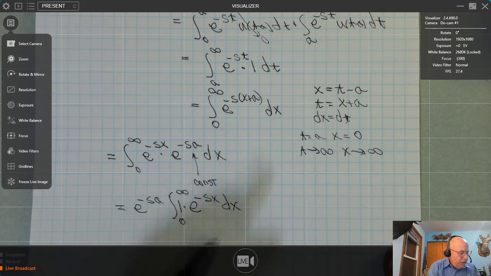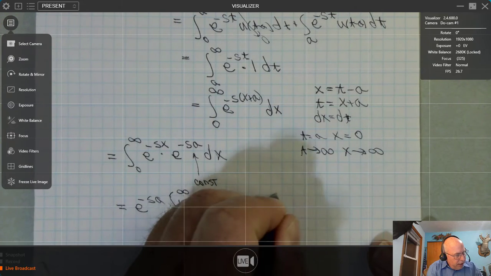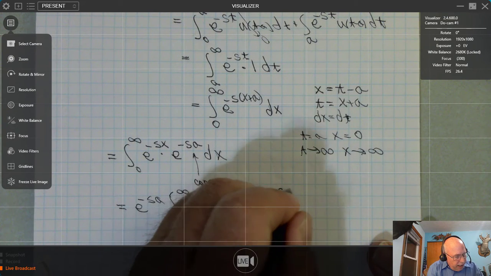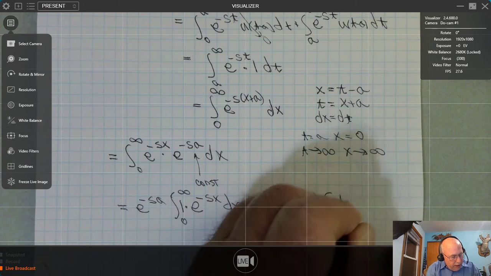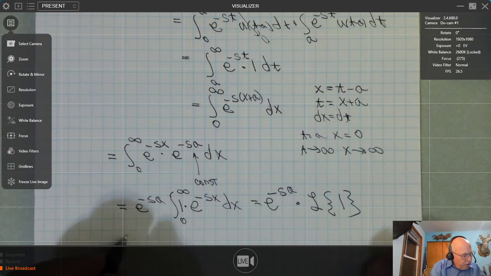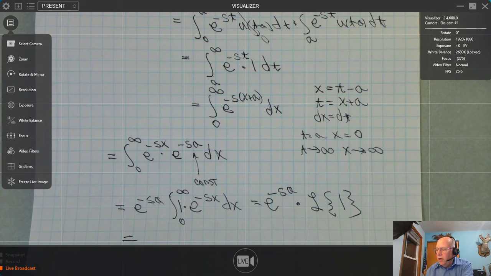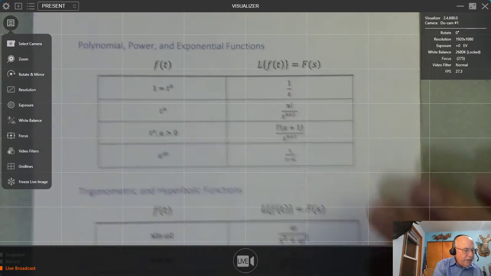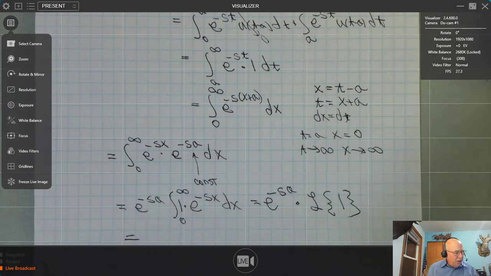Well, we've just changed the letter. That's all this is. So this is e to the minus sa times the Laplace transform of 1. And the Laplace transform of 1, well, we looked that up just a moment ago. It's equal to 1 over s. And that's such a common one, you should have it memorized if you don't already.